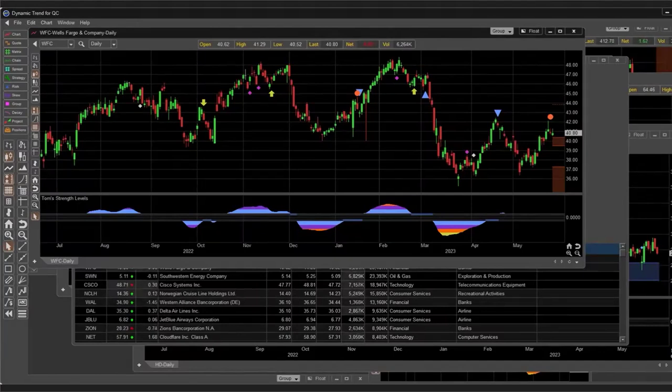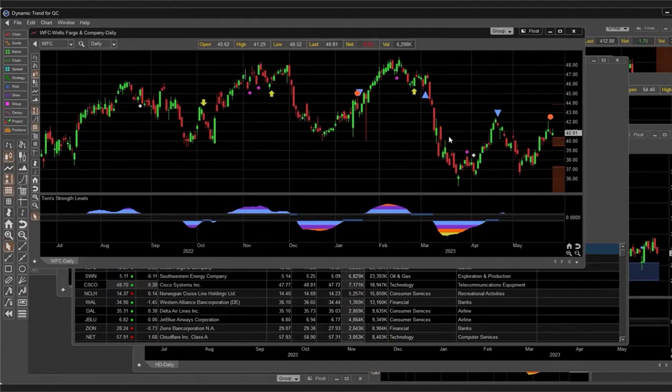So we got access to this back then, and had a special promotional deal, a 3-month trial, I believe. I'm probably going to do the options course again in the next couple of months. We're working on that now. But no, this is a separate piece of software. Just Google dynamic trend, if you want to look into it.